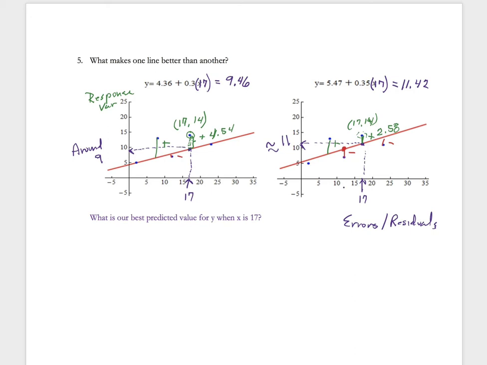We're going to handle this obstacle in exactly the same way we handled it when we were summing up deviations to get the standard deviation. We squared each of these values. That's what we're going to do here, is square each of these errors or residuals.